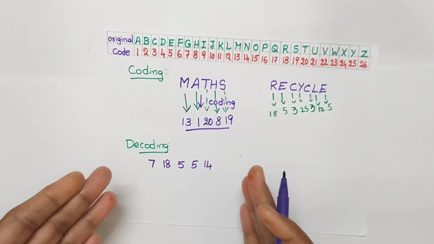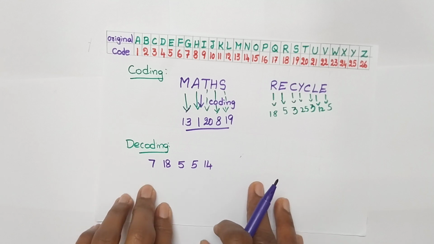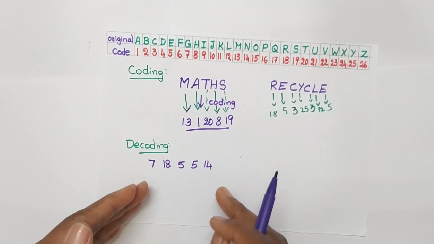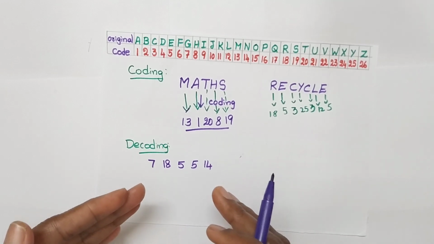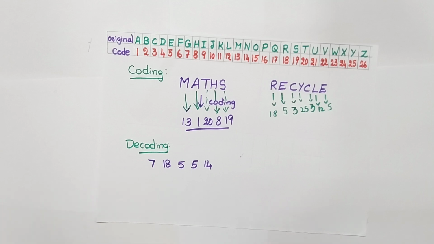This is a group of numbers. We are not seeing anything meaningful because it is a code message. Now we have to decode this code message to get the proper word.